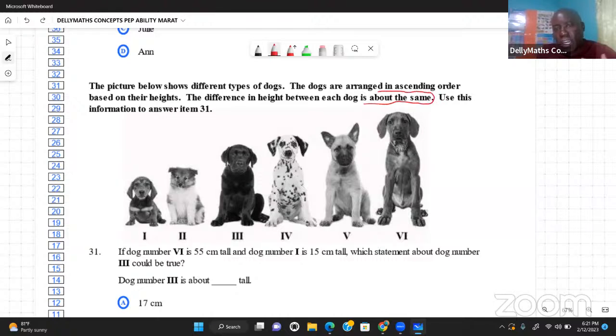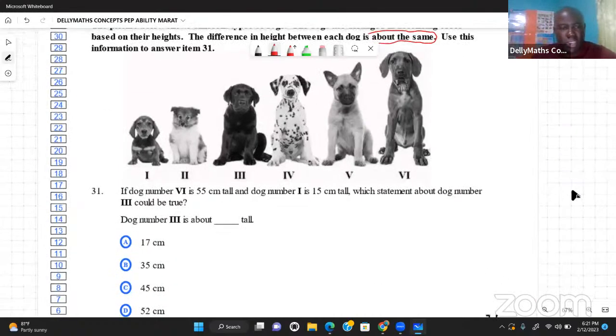So basically, they're telling us that each dog is the same height taller than the next one. So if this one is 5 taller than this one, the next one is 5 taller than the previous. So they're going with the same distance in terms of how much taller than the previous one. Use this information to answer question 31.